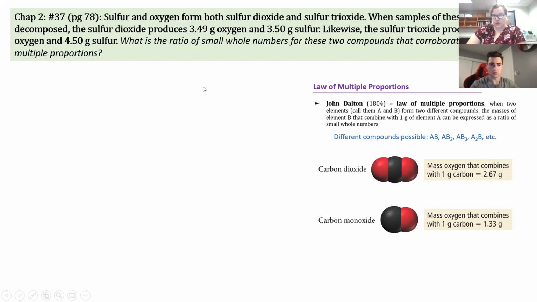We just need to get a ratio of the two of them. So all we really need to do is divide, right?